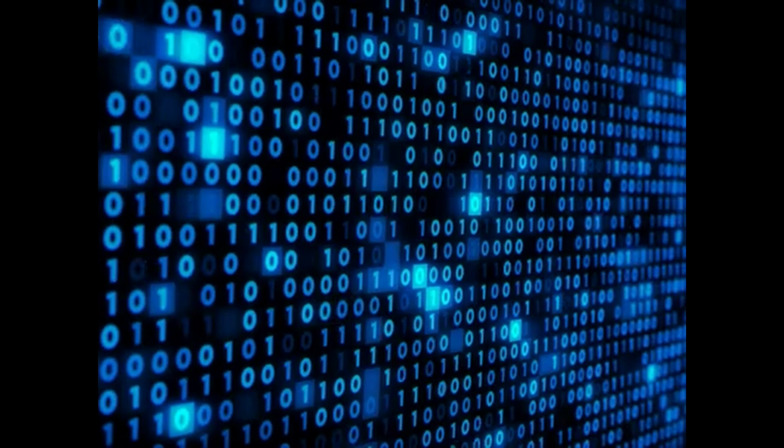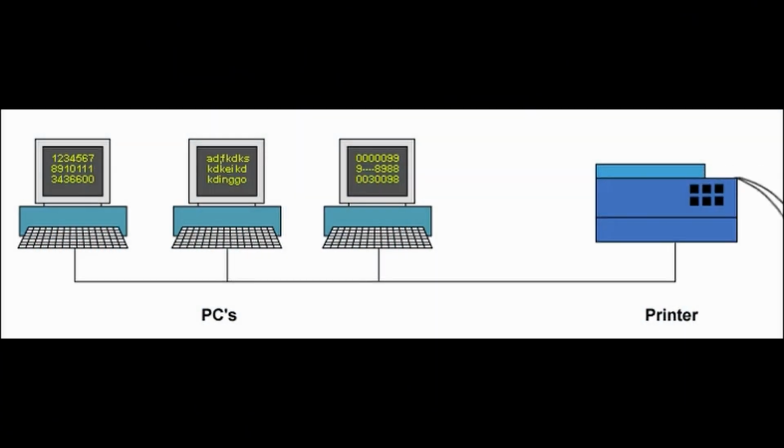Let's proceed now to the characteristic data rate. Data rate refers to the speed or rate at which data can be transferred between the input and output devices in a computing system. It represents how quickly information is transmitted or processed, typically measured in bits or bytes per second.